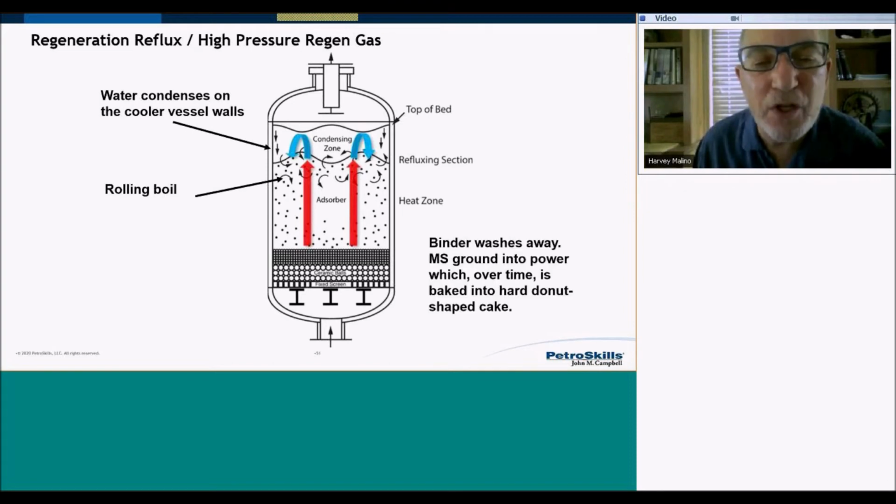And this rolling boil, especially when you get a little bit of amine carryover, tends to wash the binder away, and you end up with a hard baked donut-shaped cake, which is not good for your system.